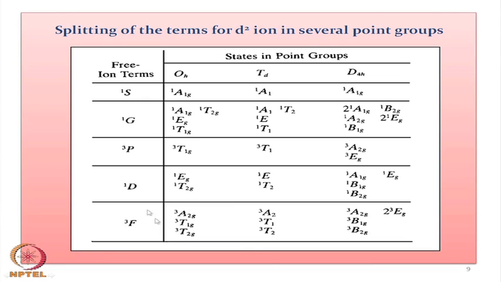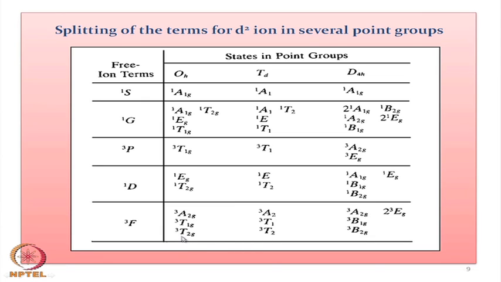So, when this 3F level is placed inside an octahedral field, it will be split into 3A2g, 3T1g and 3T2g levels, and these levels are important for the corresponding transitions.